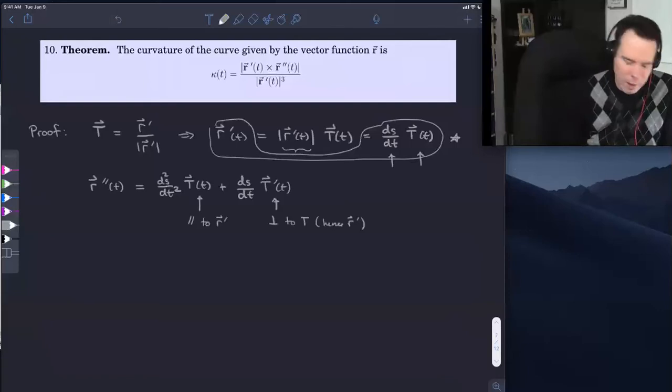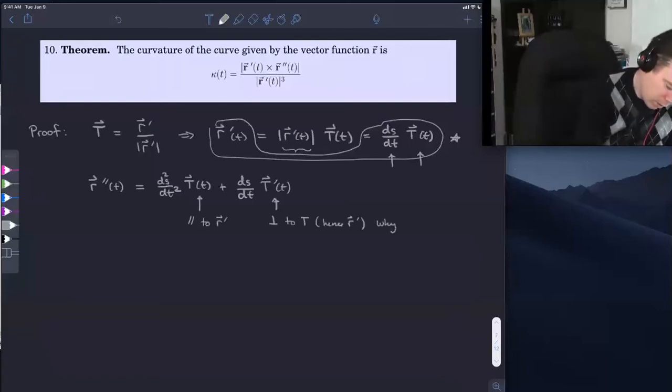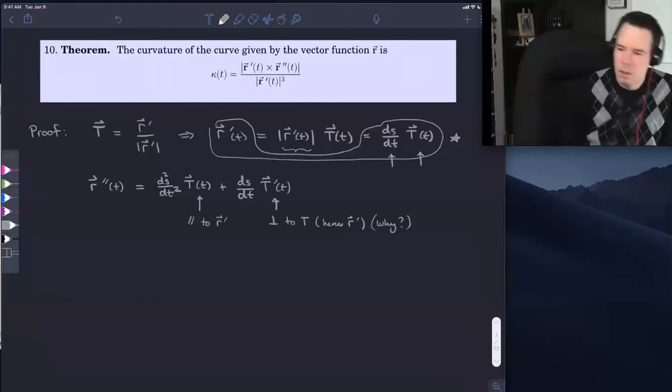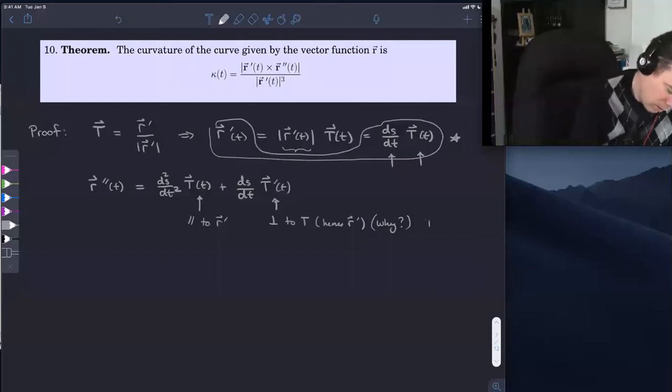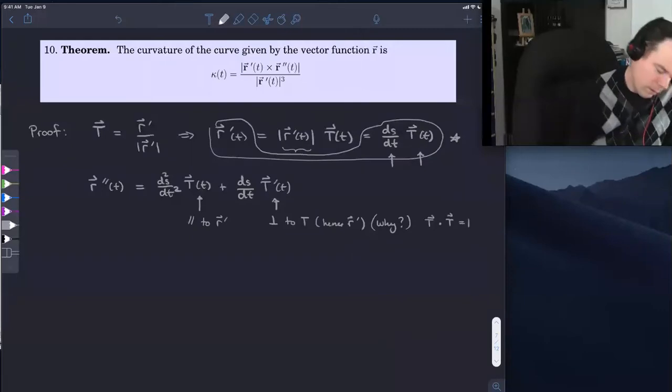Now you may say, well, why is this perpendicular to r prime? Well, it has to do with the fact that t is a unit vector. So the reason is because t dot t is equal to 1.